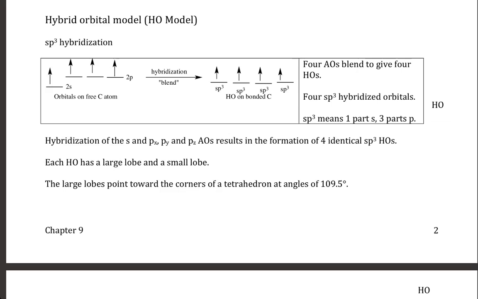Alrighty, so looking at our carbon atom and how the electrons are distributed when we spread them all out to the 4 atomic orbitals, the 2s and the 3 2p's. Well, what we imagine is those atomic orbitals within the carbon atom hybridize together.